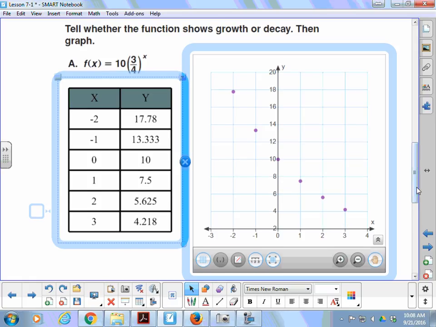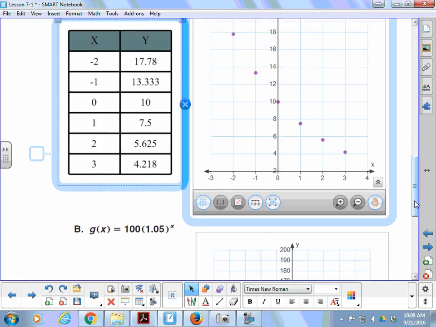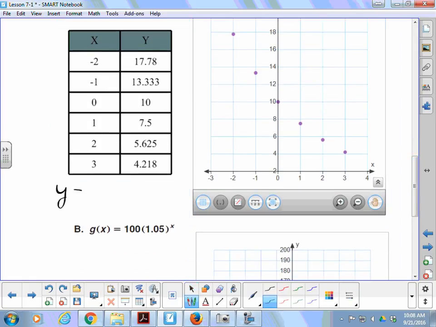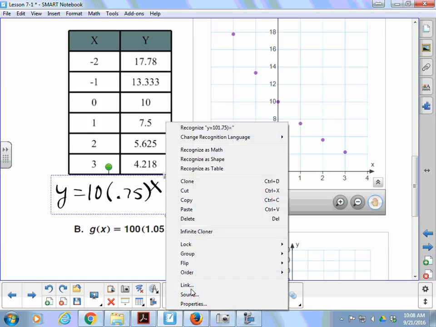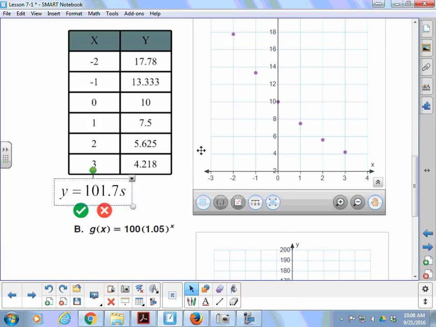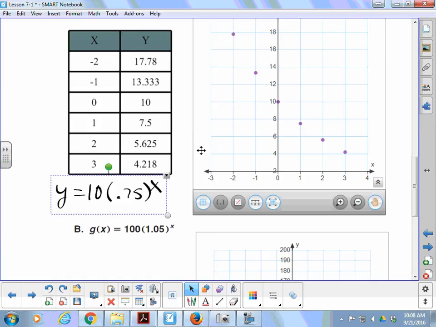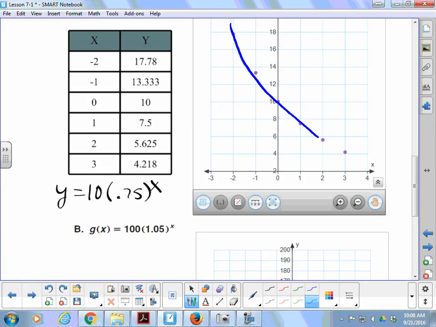And then if I plot the actual graph, y equals 10 times point. Let's see how good my skills are today. And not very good, apparently. Well, we'll let it go for now. But if I graph this, then the graph looks like this, coming down. And as it keeps going, it's going to get closer and closer to the x-axis, but never even touch it.